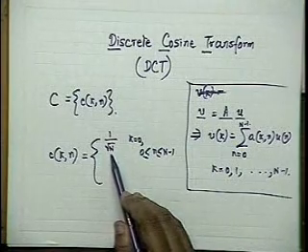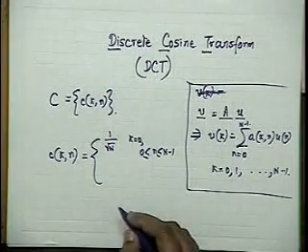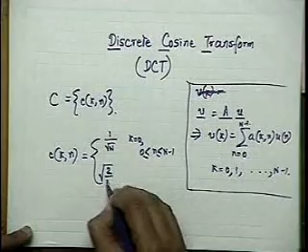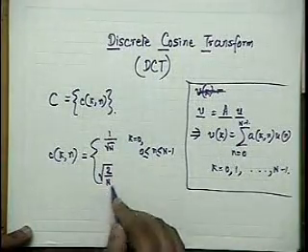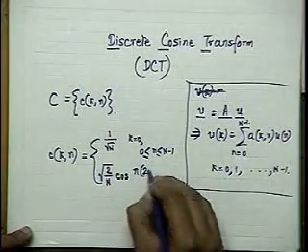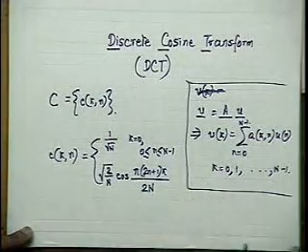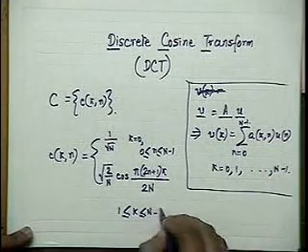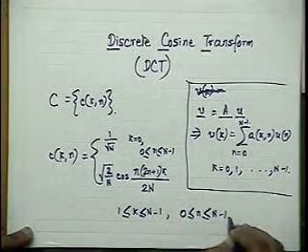Second row onwards, that means when k varies from 1 to N minus 1, the term is like this. It is the square root of 2 by N, cosine of pi (2n plus 1) k divided by 2N, where k is defined for 1 to N minus 1 and n is defined as before, 0 to capital N minus 1.